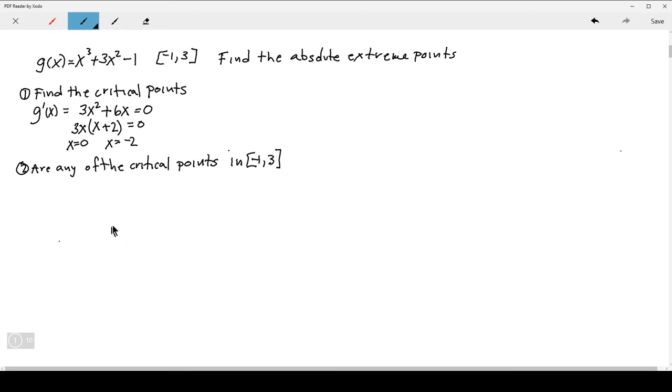In this case, x equals 0 is in the interval, right? So x equals 0 is in the interval. X equals -2 is not in the interval.